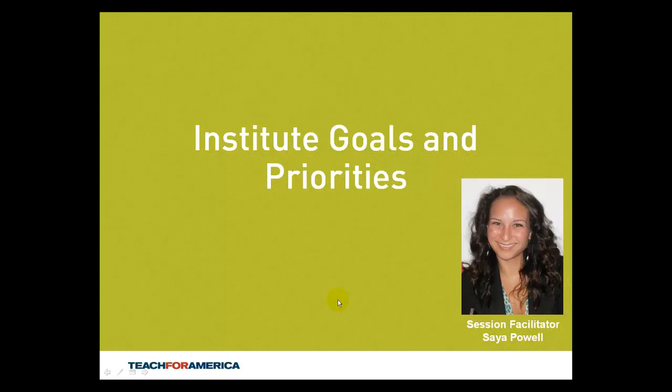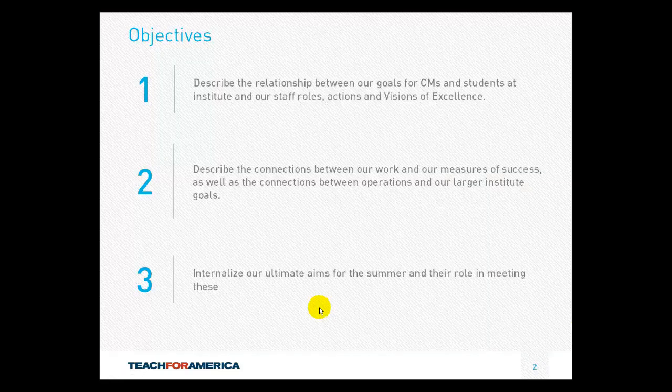We're going to get started by touching on some standard structures that exist across all institutes so that we can make sure that even though we are 9 institutes and 2 merged program pilots strong, we are all on the same page about what our big picture institute goals are.